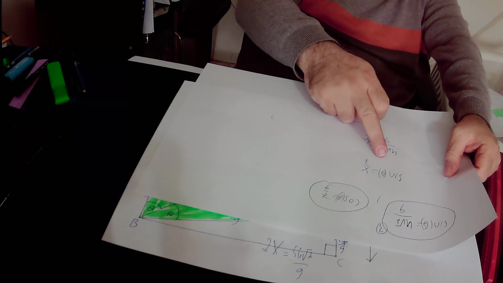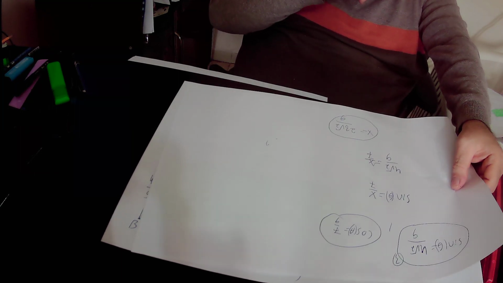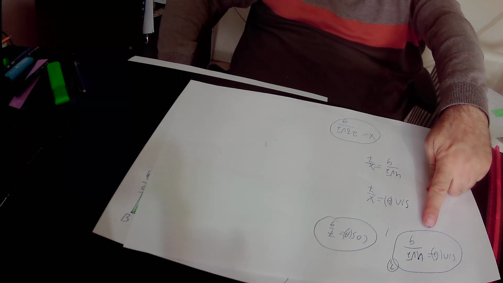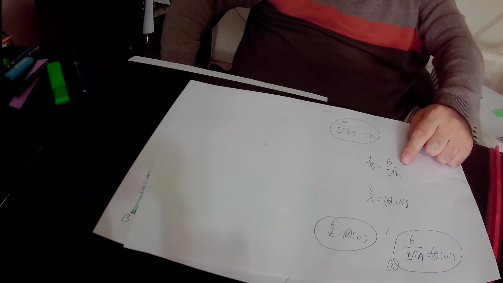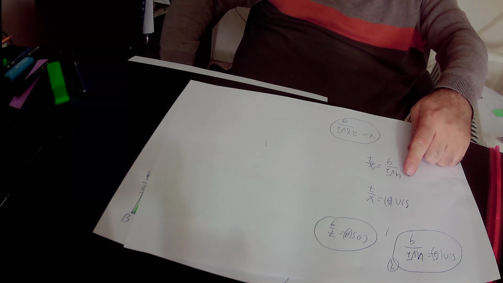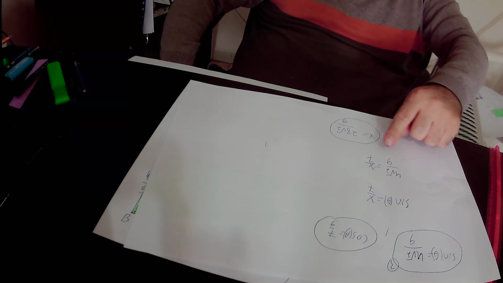We already found out that sine theta equals x over 7. But we also found out that sine theta equals 4 times square root of 2 over 9. So we substituted sine theta by 4 times square root of 2 over 9, and we got that 4 times square root of 2 over 9 equals x over 7.